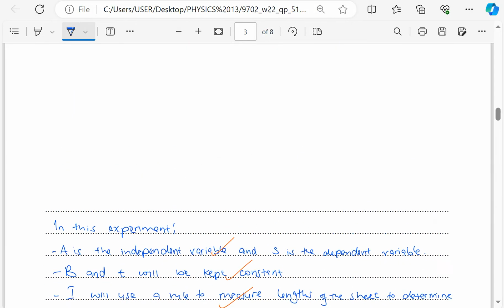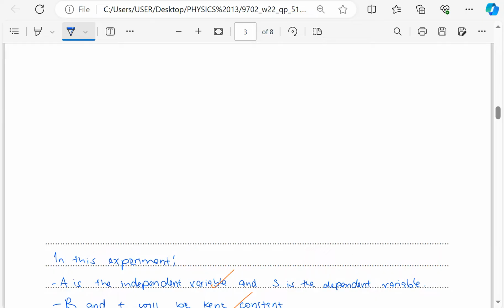Okay, so I have to show the diagram here. This diagram is going to be quite complex, but I'm going to try my level best to make it beautiful. So I'll begin by drawing the bench where all my setup is going to be laid. So number two, I have to start to add a copper sheet somewhere.